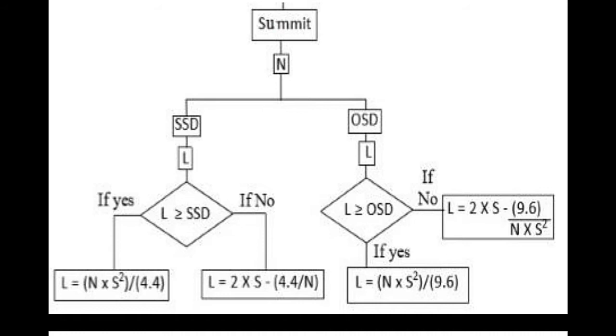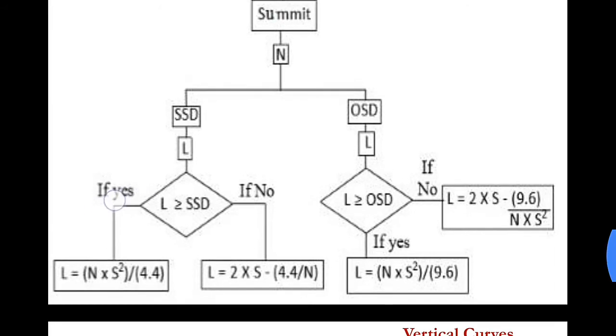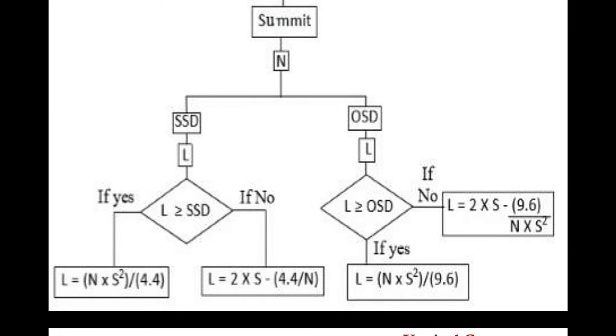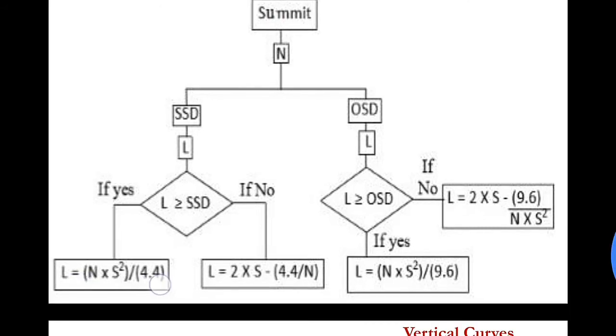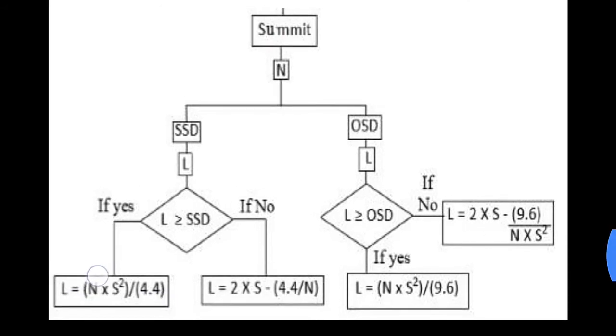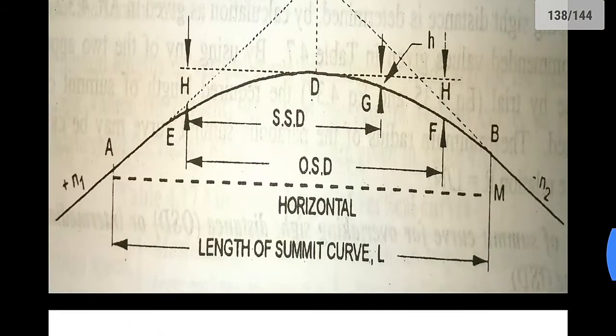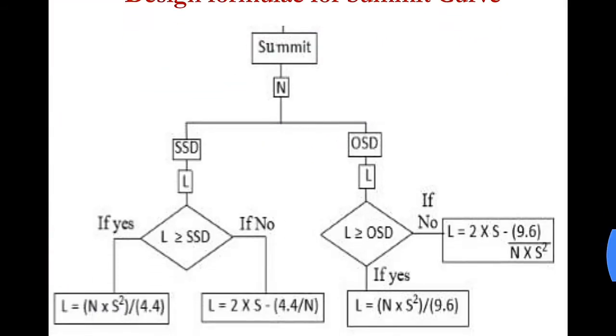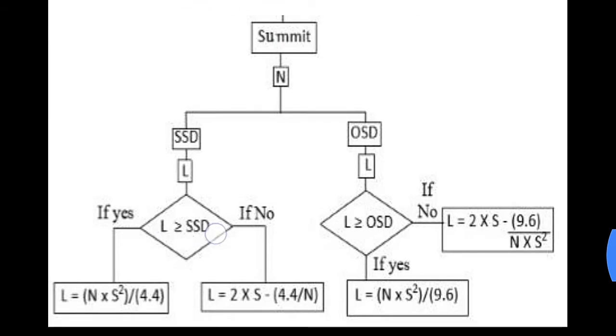Now what we do is we firstly assume that capital L is greater than SSD, and we use this formula. What is the formula? Capital L is equal to N into S square divided by 4.4. What is N here? N is nothing but the deflection angle, and S is the stopping sight distance.